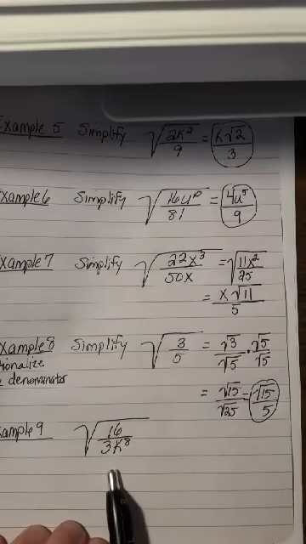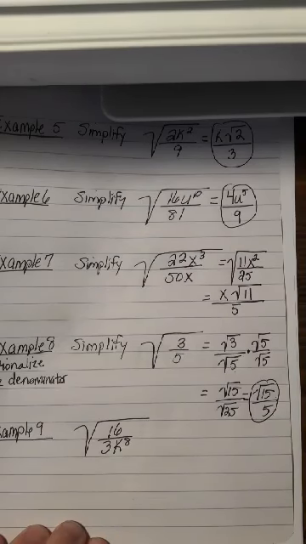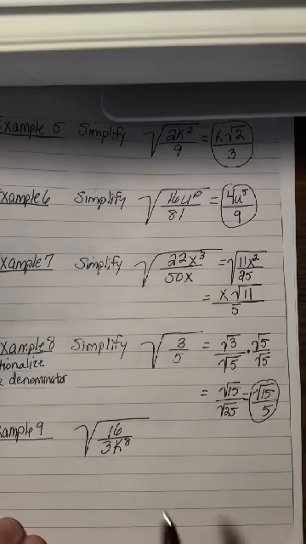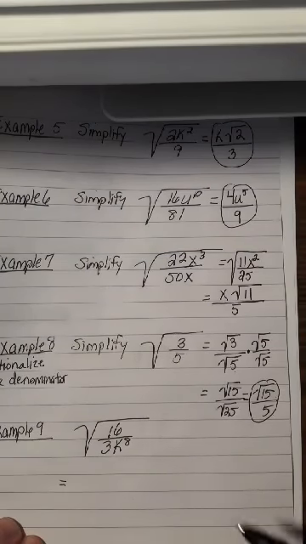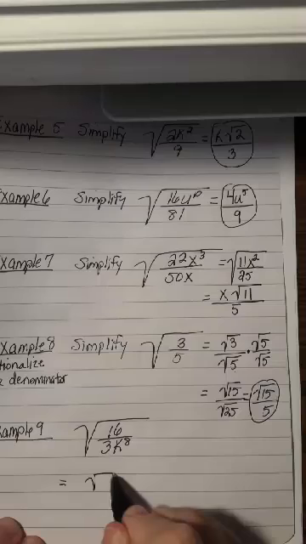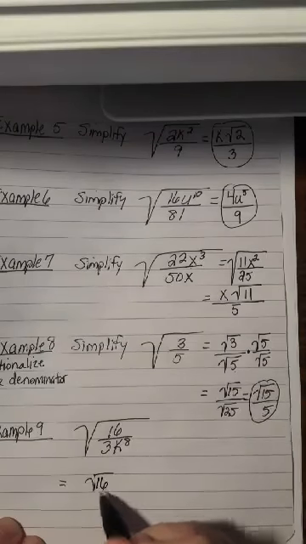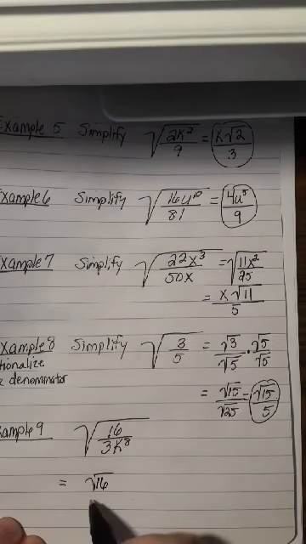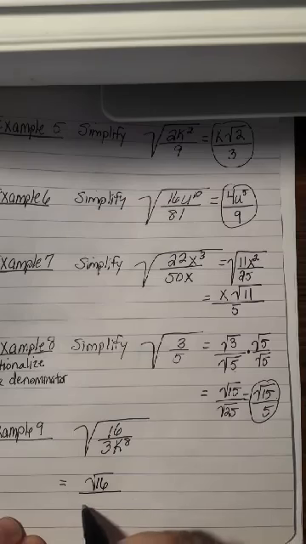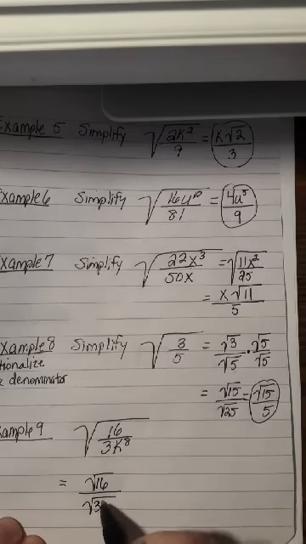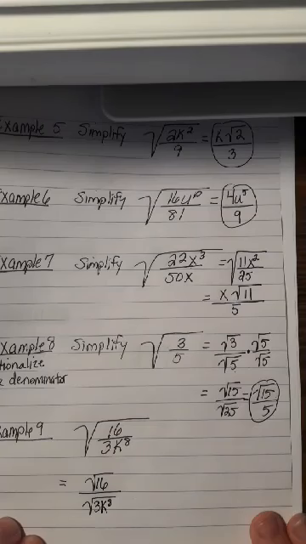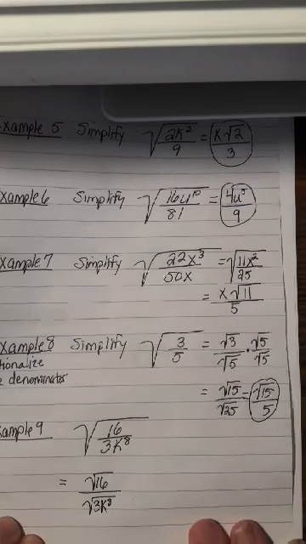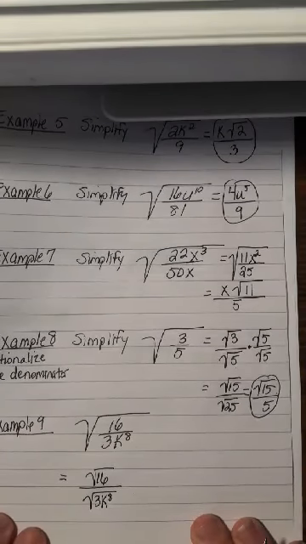Alright, right here. The square root of 16 over 3k to the 8th. What I'm going to do is go ahead and separate that into two separate radicals. So you'll see how I'm thinking of it. It's the square root of 16 over the square root of 3k to the 8th. And now you take the square root of the ones that are perfect squares.